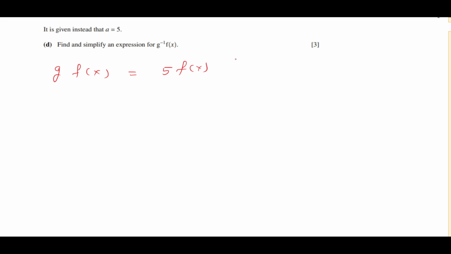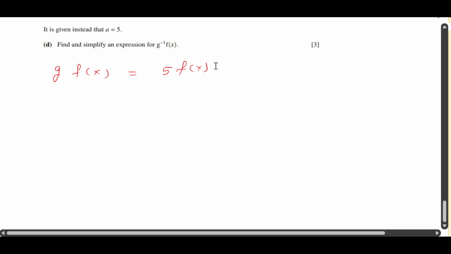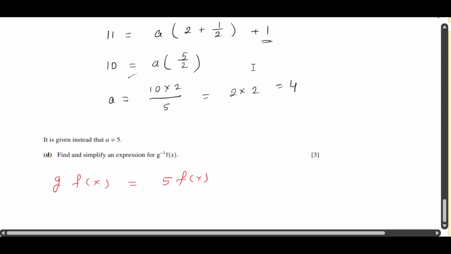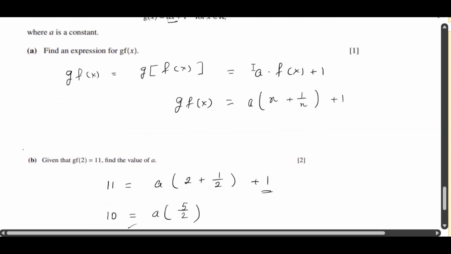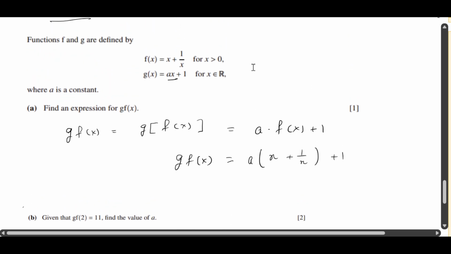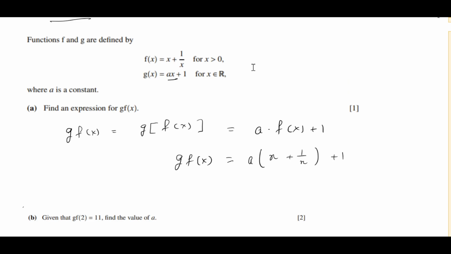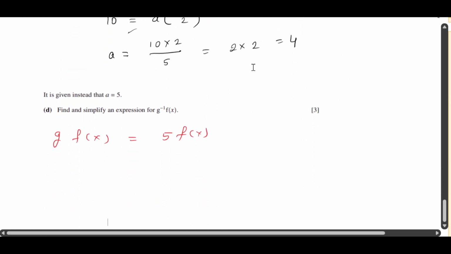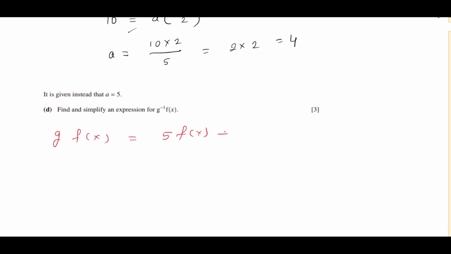G of fx is what? It is 5 times fx plus 1, I can say like this. Because here instead of variable x we have variable fx, and we have to find g inverse of fx only.